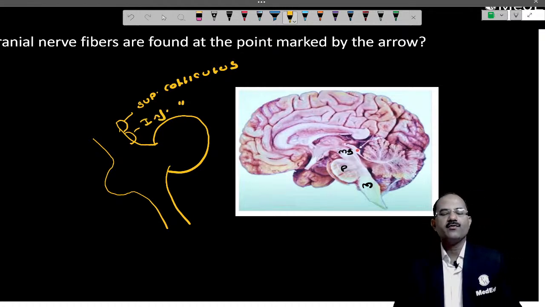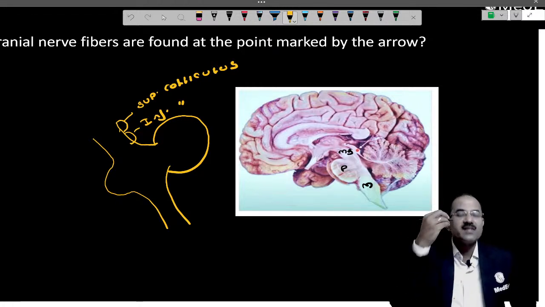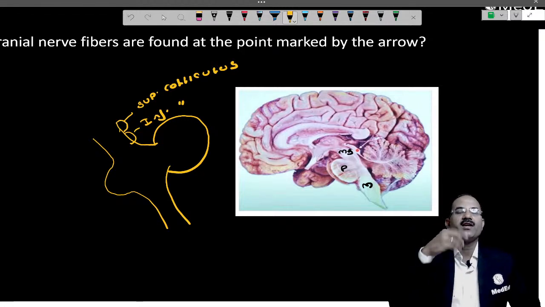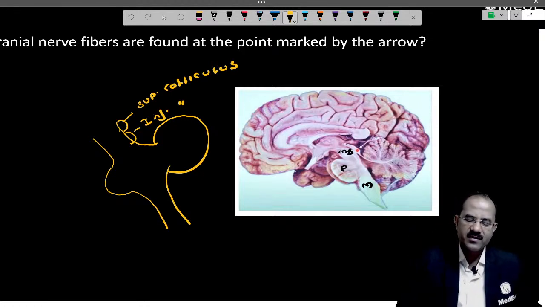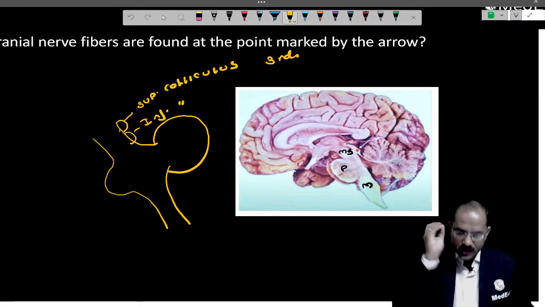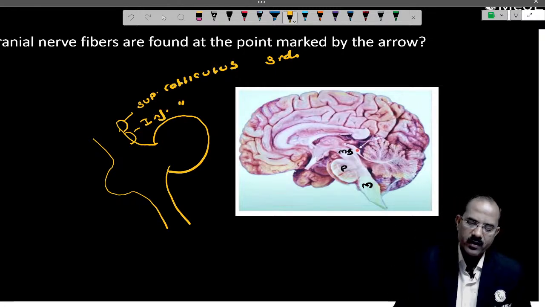So which is the cranial nerve which arises at the level of superior colliculus? That's the third nerve. And which cranial nerve nucleus lies in the midbrain at the level of inferior colliculus? That's the fourth nerve nucleus.